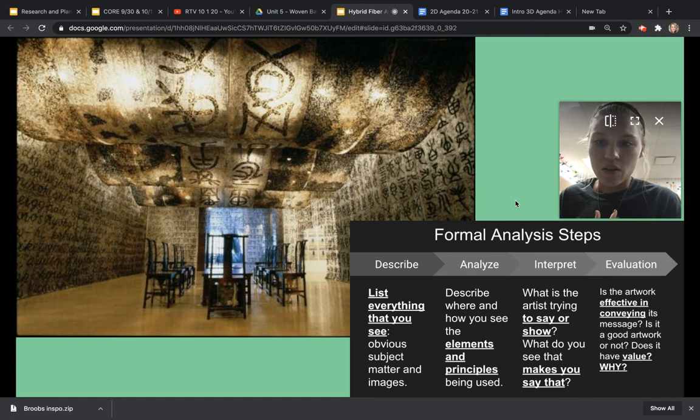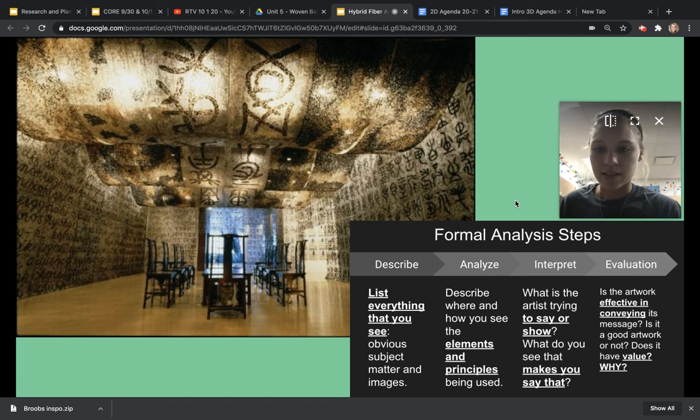When we're thinking about other things, we do see a table and chairs, and it looks like there's some kind of language on the individual pieces, the paneling of it. It's also all one color. So, well, mainly two colors, two neutrals. That's another thing we could say. Moving on to analyze, there's a unity in keeping it all the same color scheme.